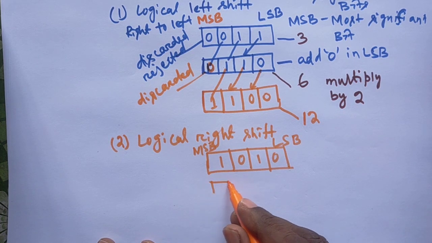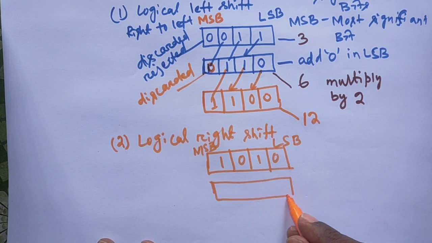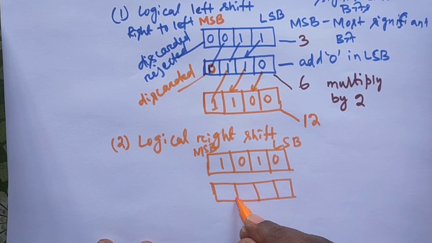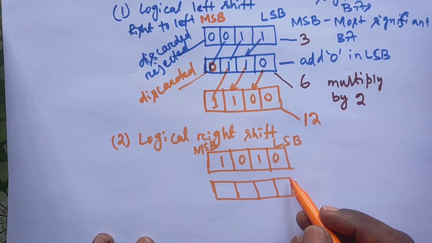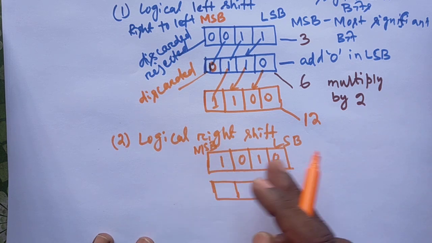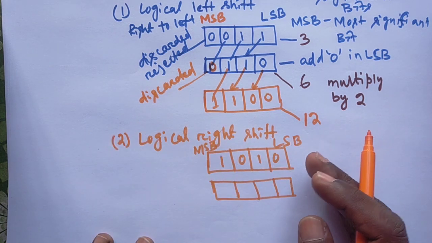Now you shift this data to another form. You see what is the result. We have to shift it towards the right, since it is a right shift, that means left to right.